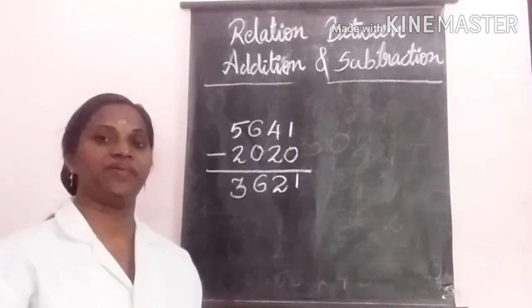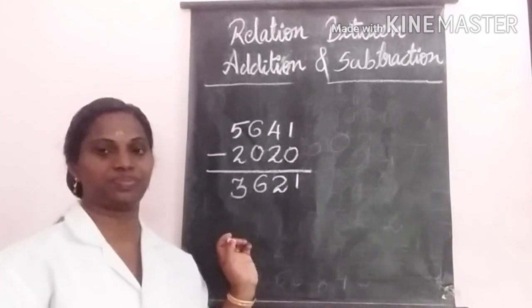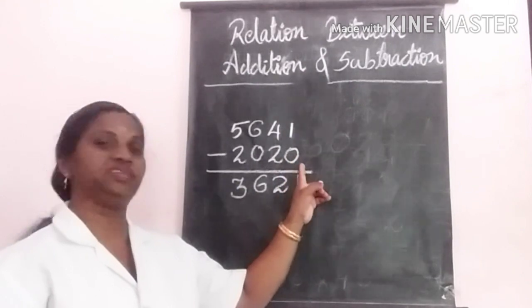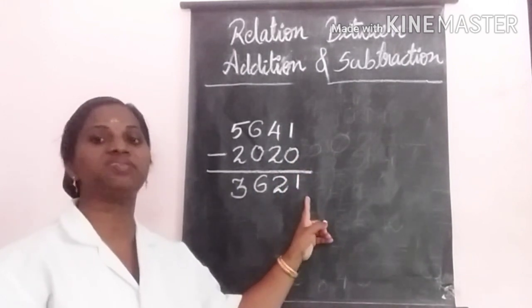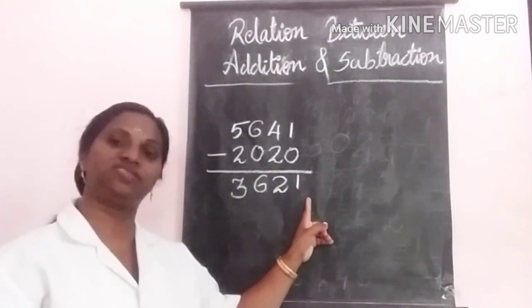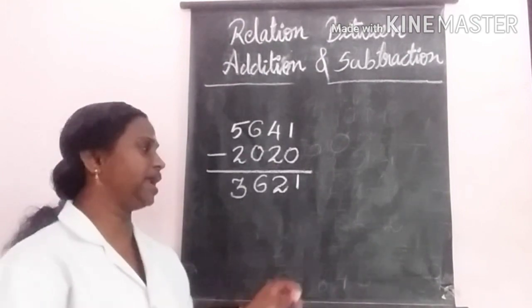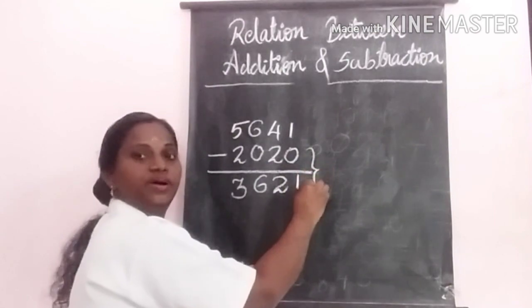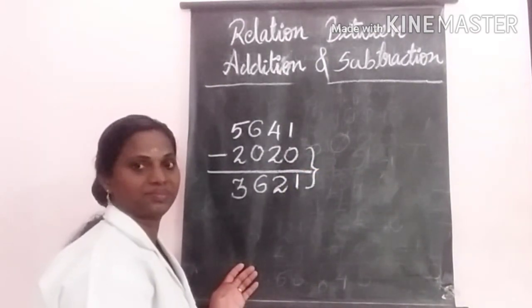Now let's check whether our answer is correct or not. How to check? See children, this is the greater number, this is the smaller number and this one is the difference. So to check your answer, you can add the difference to the smaller number. These two numbers you can add.